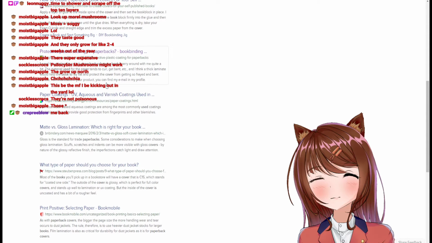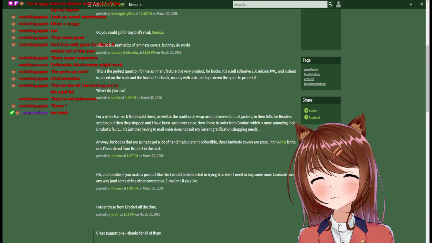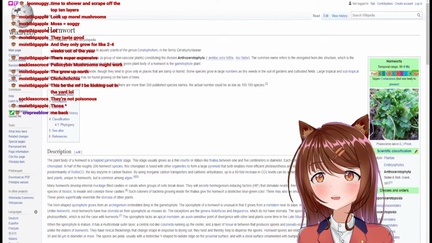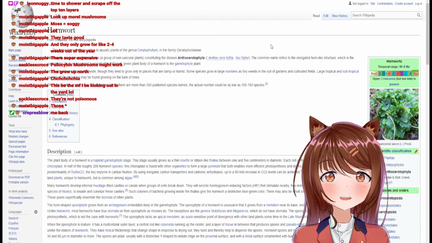Laminate. They're protective covers. I guess that's just like a laminate or a glue or a resin or something like that. That is interesting.